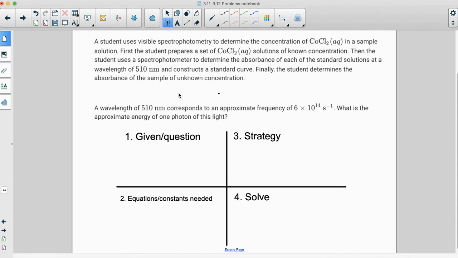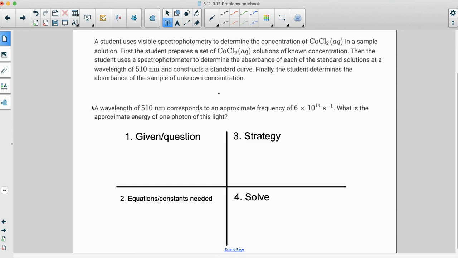But for this part of the problem, we actually don't need to read this text about the visible spectrophotometry. So let me just skip that for now, but basically this question has to do with Beer's law, but it also relates part of the stuff to spectroscopy and equations.